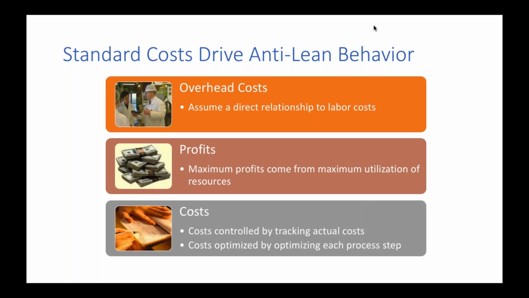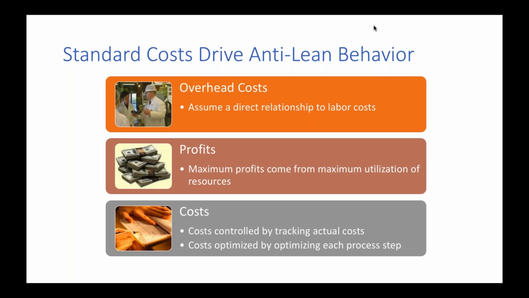And finally, looking at costs, we develop complex cost analysis systems to track actual costs compared to standard, and also to maximize the production process at each process step rather than the value stream as a whole.